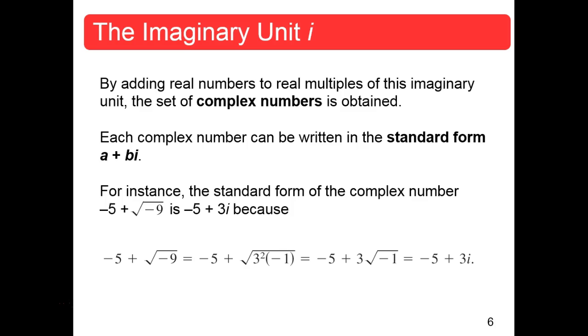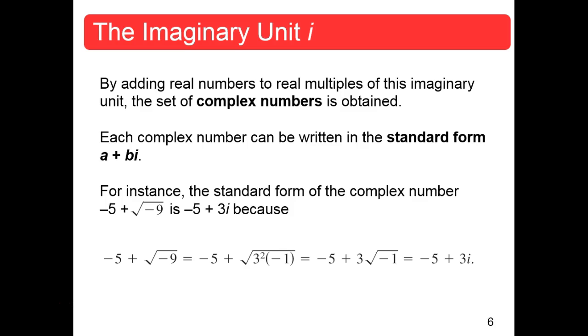Each complex number can be written in standard form a plus bi, where a is a real number and b is also a real number, multiplied by i. The one we just had, i, would be 0 plus 1i. That's a complex number. We usually don't write the 0 down, so just i is standard form for it.